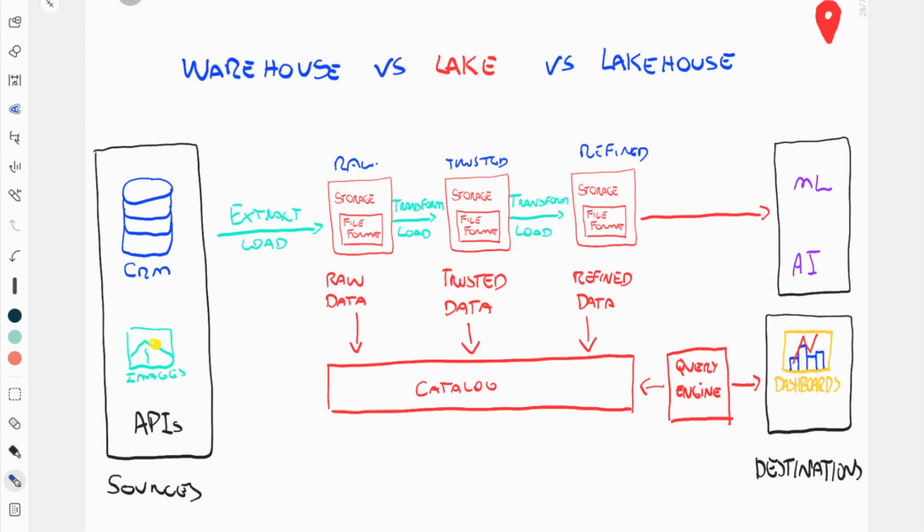They are usually stored in a way that the data is partitioned. For instance, every day you retrieve data, so you have data partitioned. That is having folders for each of the dates that you retrieve data from. And you have here the raw data, the trusted and refined.